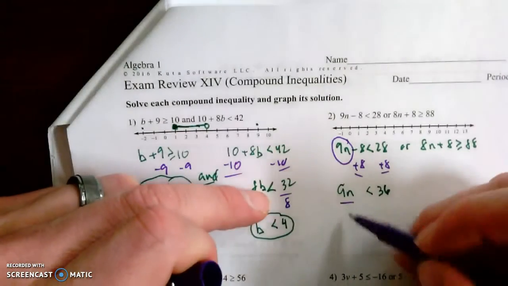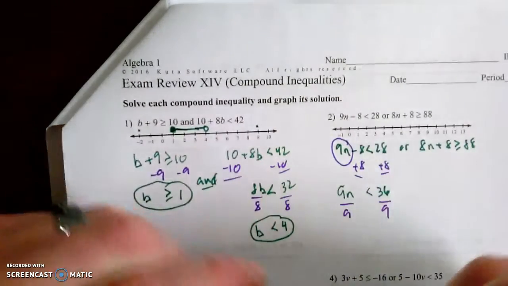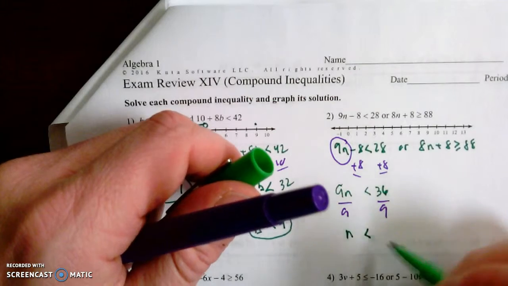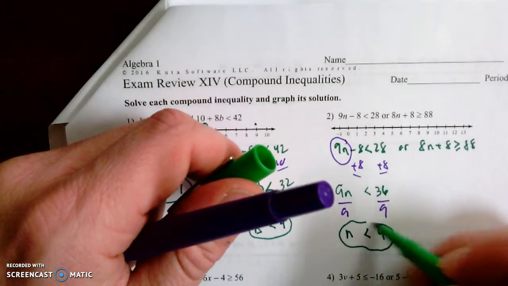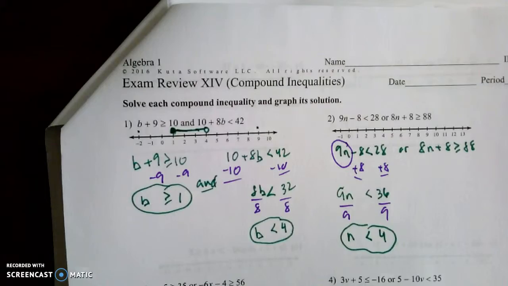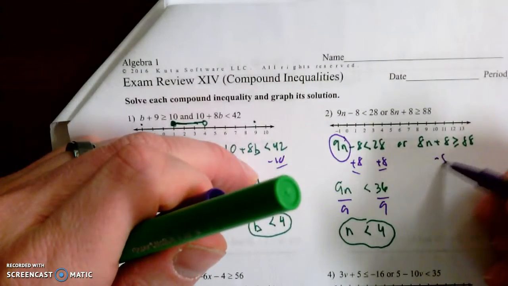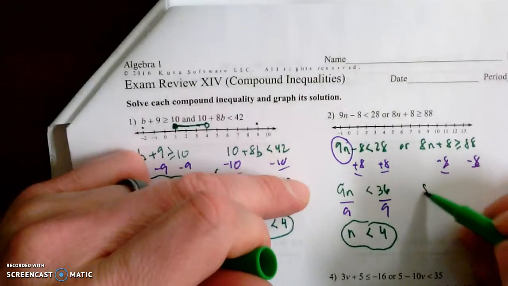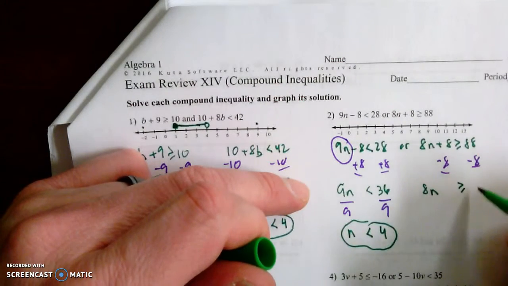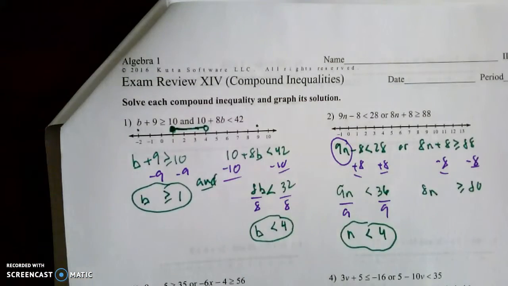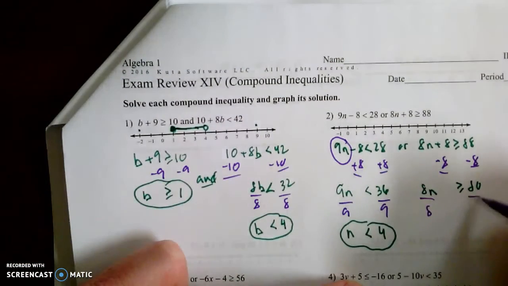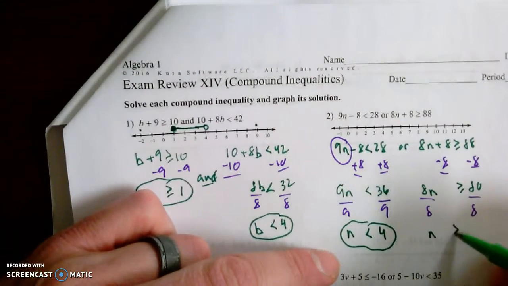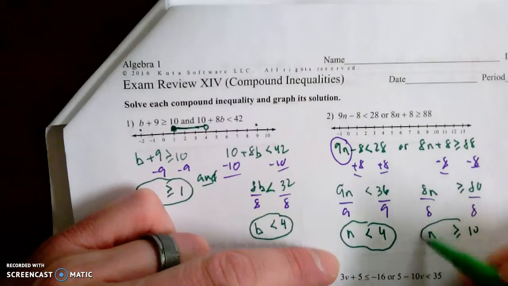Then we divide by 9 on both sides, and we've got n less than 4. Next, we subtract 8 from both sides. That gives us 8n greater than or equal to 80. Then we divide by 8 on both sides, and that gives us n greater than or equal to 10.